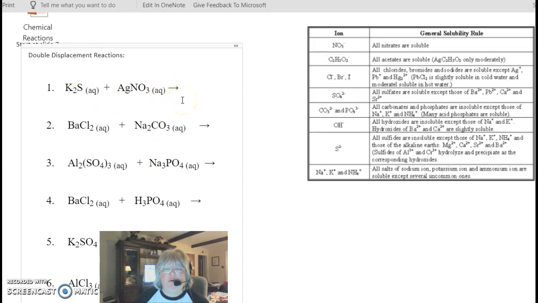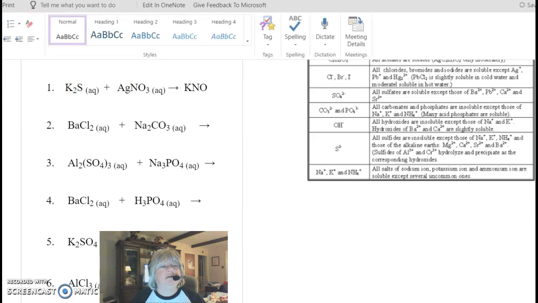Okay, so I'm going to first write my formula for potassium nitrate. Potassium is in the first column of the periodic table, so it's +1. Nitrate, one of the ones you had to remember, is -1. So that's KNO3.